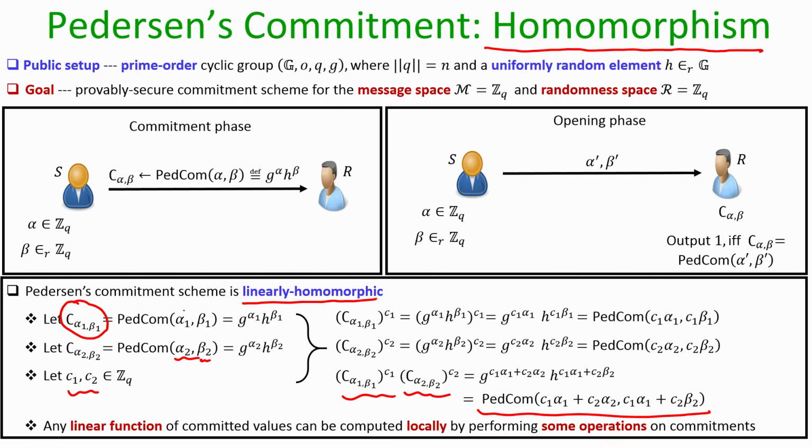Even though you do not know what exactly is alpha 1 or alpha 2, if someone has given you sealed alpha 1 and sealed alpha 2 in the form of commitments, and you want a sealed commitment of a function of the form C1 times alpha 1 plus C2 times alpha 2, where the linear combiners C1 and C2 are known to you, then even without knowing alpha 1, alpha 2 and the randomness beta 1, beta 2, you could perform operations on the commitments themselves, which will give you the Pedersen commitment of that linear function of the unknown underlying values. That is what we mean by the linearly homomorphic property.